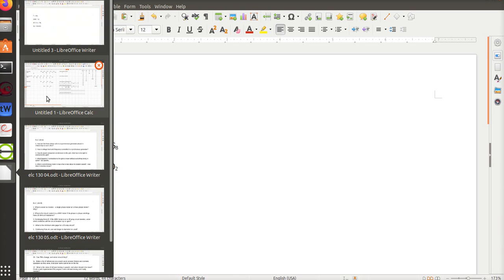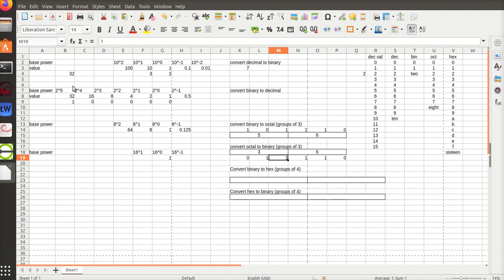All right, now for hex, I have base 16. So it's 1, and now I've got a 16 power. This would be 1/16, which would be half of 0.125, which is 0.0625.